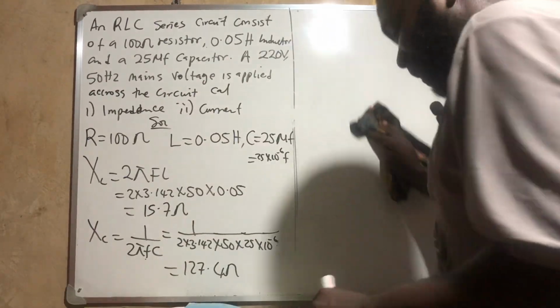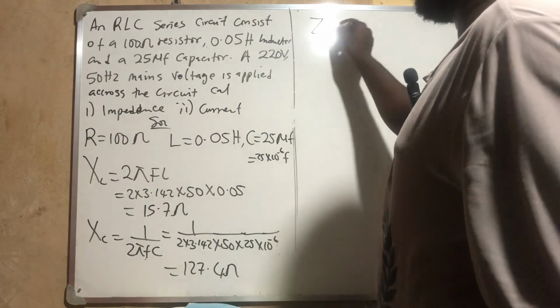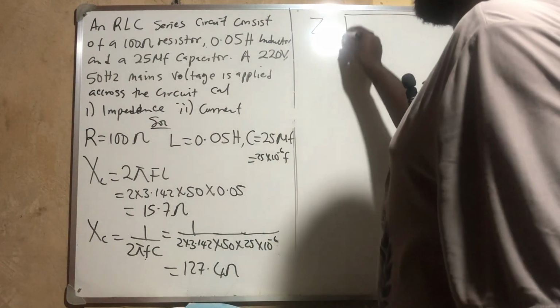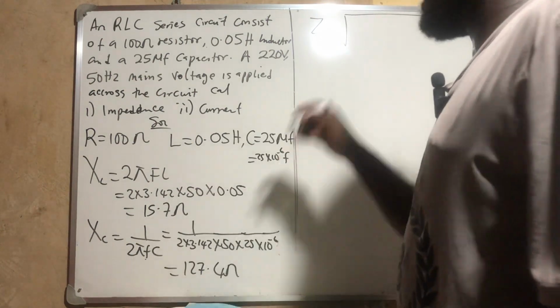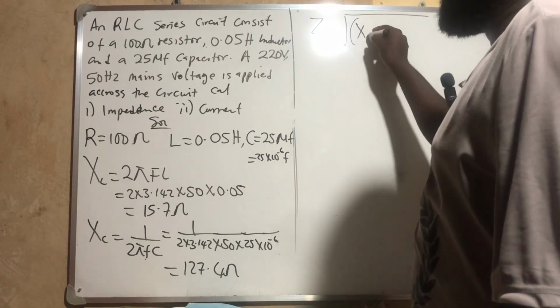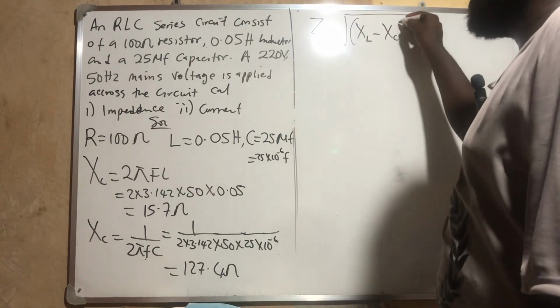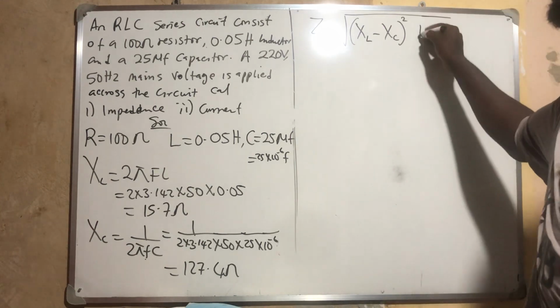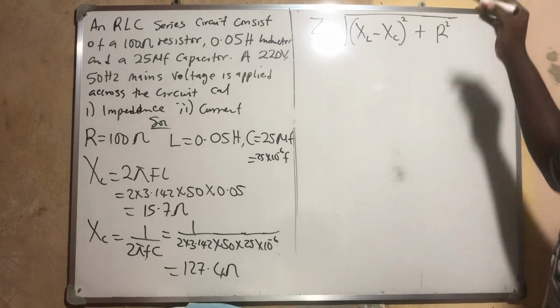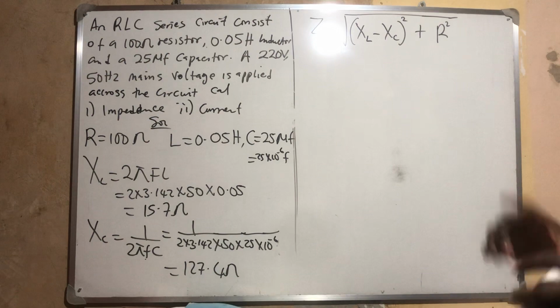So I will now tell them that my impedance Z is equal to the square root of, don't forget that inductor must come before capacitor, XL minus XC all squared. Then resistor is always staying on its own. It's always staying on its own.